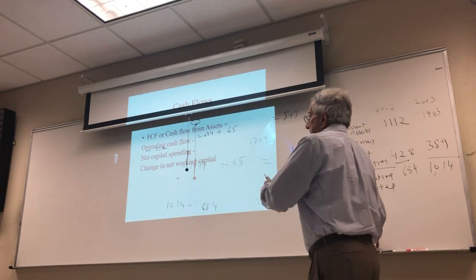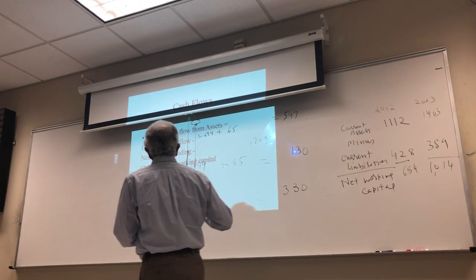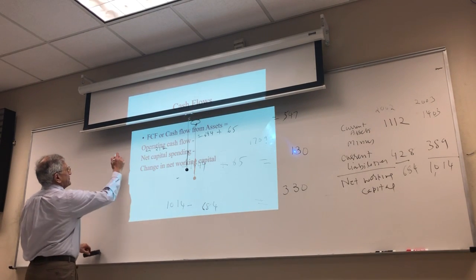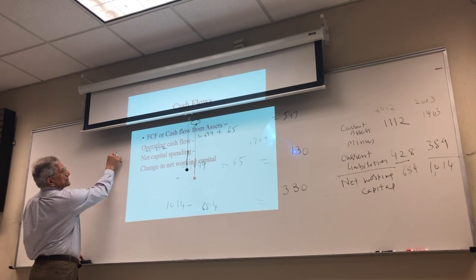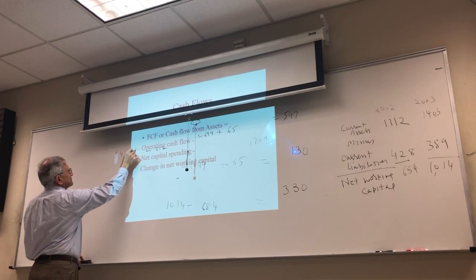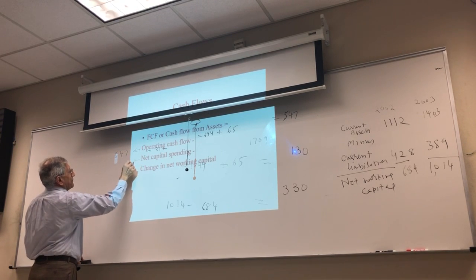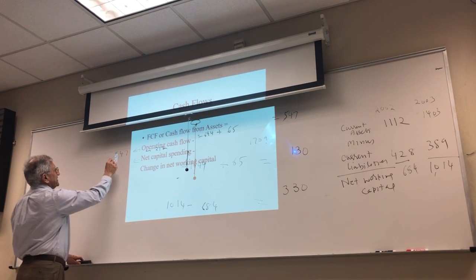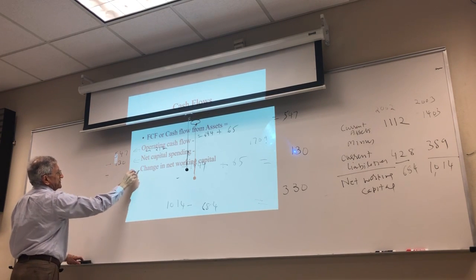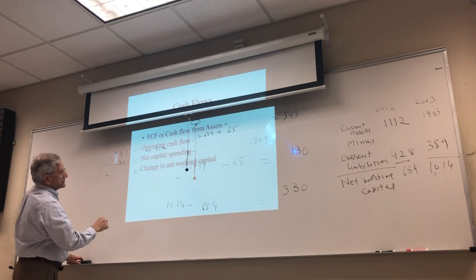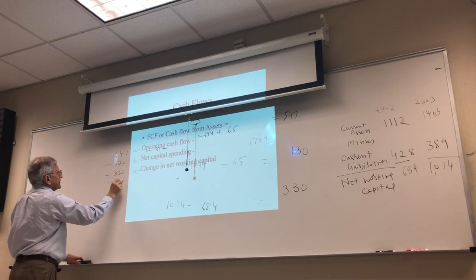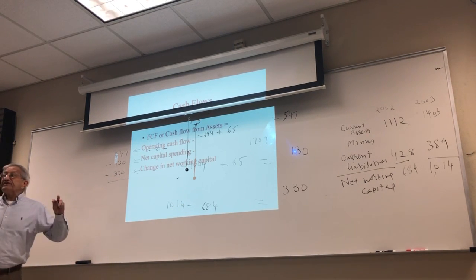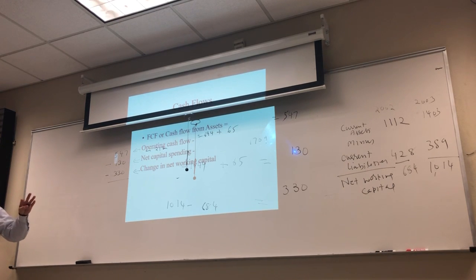Okay, so now I can plug these values here. On this side I'll do it. So this amount is 547, minus net capital spending was how much? 130, okay, minus this amount is 330. So this is how much free cash flow the firm produced.